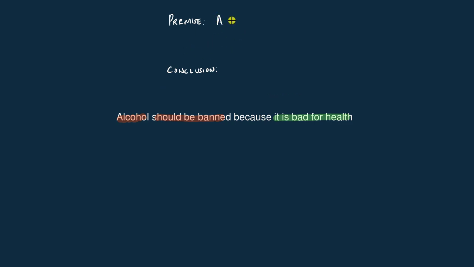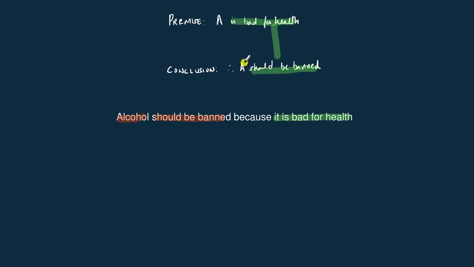So alcohol is bad for health. I'm going to call alcohol as A. Therefore, A should be banned. The rule or the principle, it's actually an assumption here. What is the assumption? Something is bad for health, therefore it should be banned.